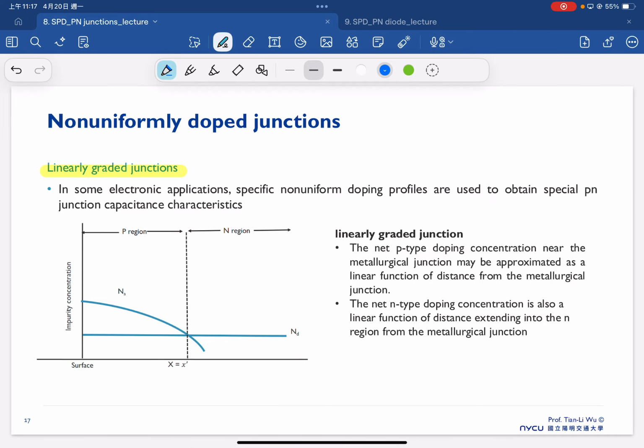So in this case, this is our PN junction here, where ND is a constant, but in the P region, the concentration varies with respect to the location x, and especially it varies linearly, so we call it the linear gradient junction.